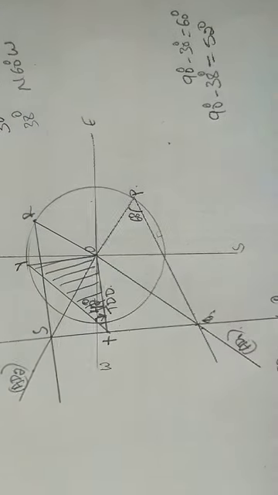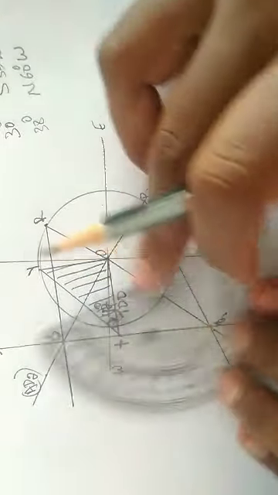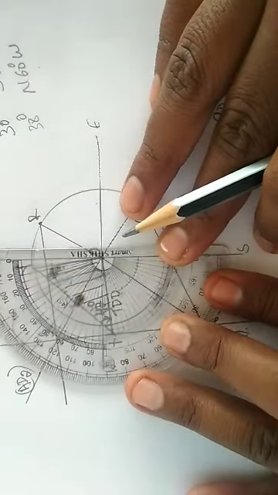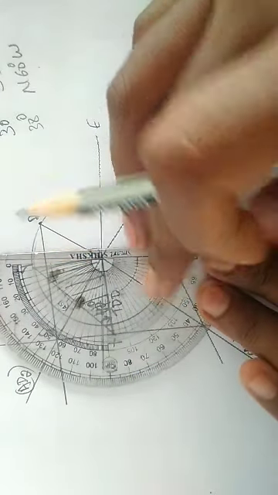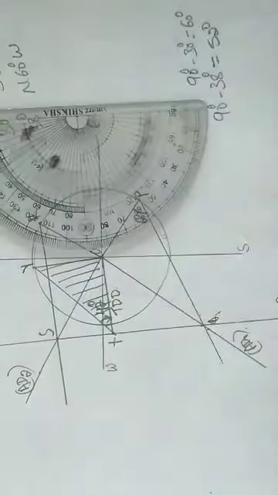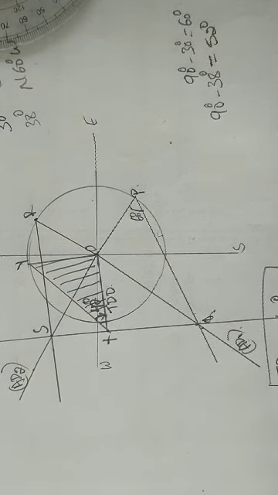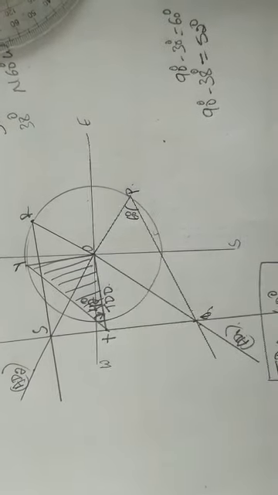For the true dip direction, if we measure this angle by placing the protractor on this line, we get south 84 degree towards west. So the true dip direction is south 84 degree west. This is what we wanted to find out, the true dip amount as well as the true dip direction. This is how we solve the dip and strike problems.